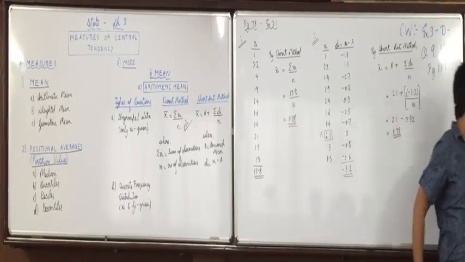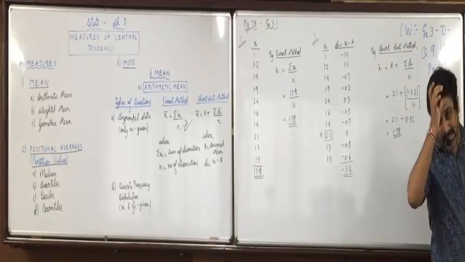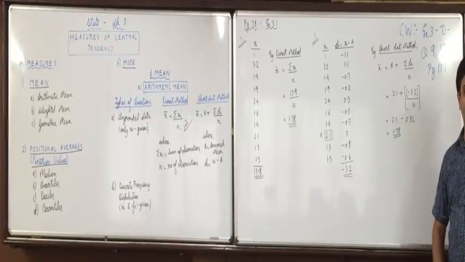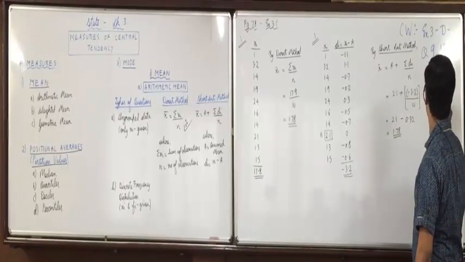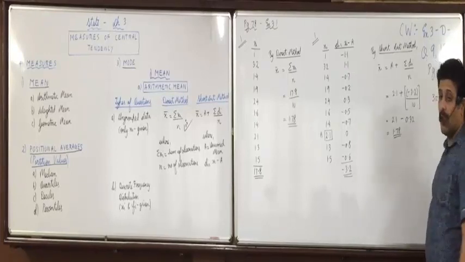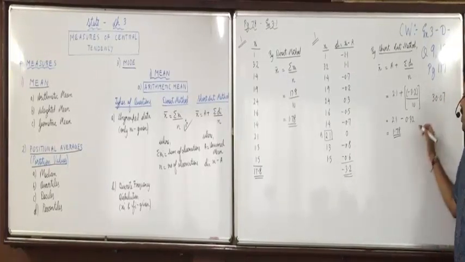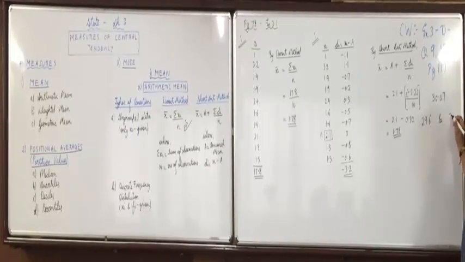Now, what is sigma xi coming to? 210.5. So 210.5 divided by 7 is 30.07. Now, what do they say? That if the content is between 29.6 and 30.4 it is working properly. Is 30.07 between these two?